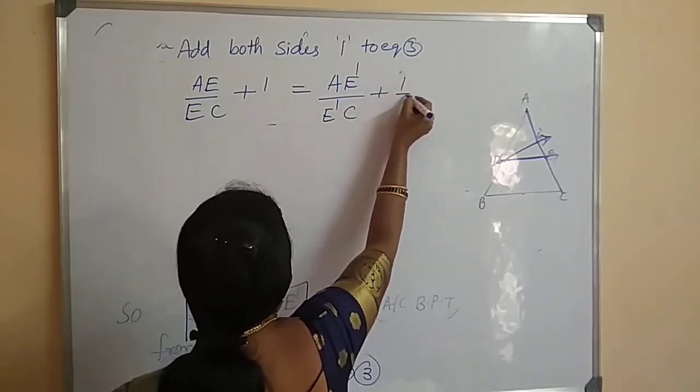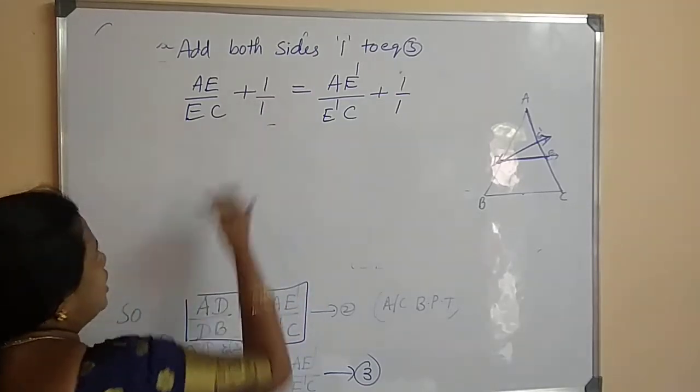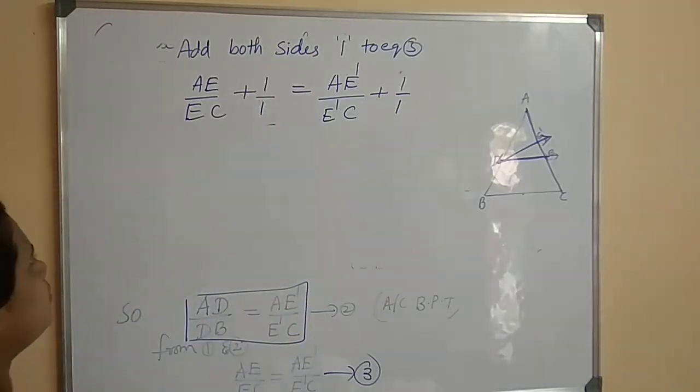AE by EC plus 1 is equal to AE dash by E dash C plus 1. In the denominator, nothing means you can take 1.